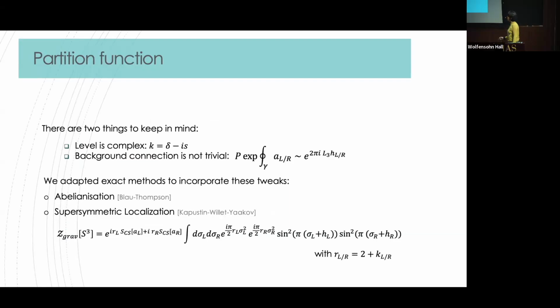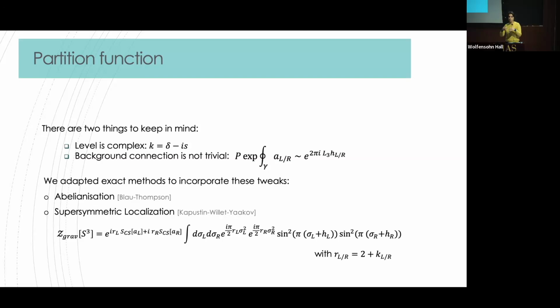And so two methods that we used were basically abelianization, which was promoted by Blau and Thompson. And then here we also use supersymmetric localization. Although I don't have fermions, it's fine, but it's a useful way to think of the path integral. And for the Wilson loop, this was very nicely described in this paper by Kapustin, Willett, and Yaakov. So these are the two methods that we use.